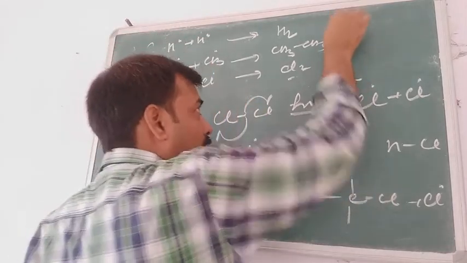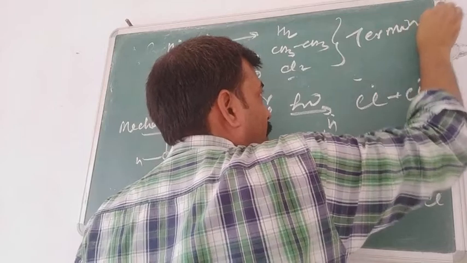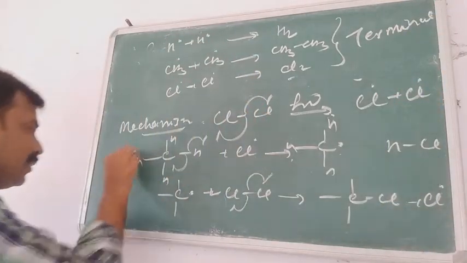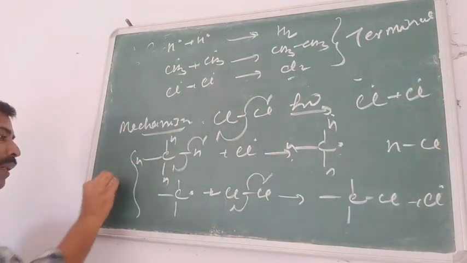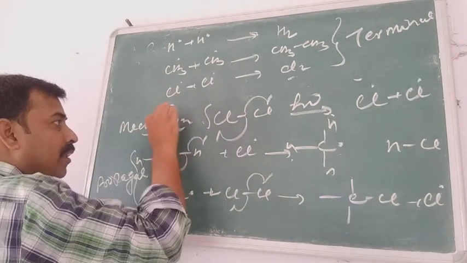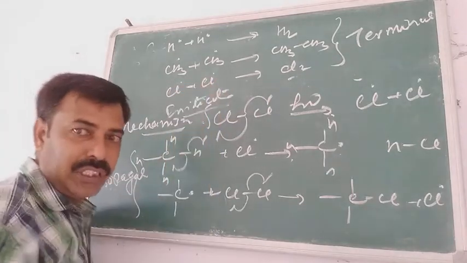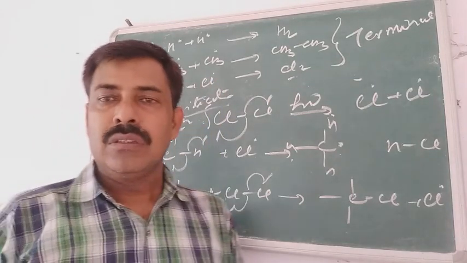So this step is called termination. These two steps are the propagation, and this one is initiation. So in these three steps the reaction proceeds.